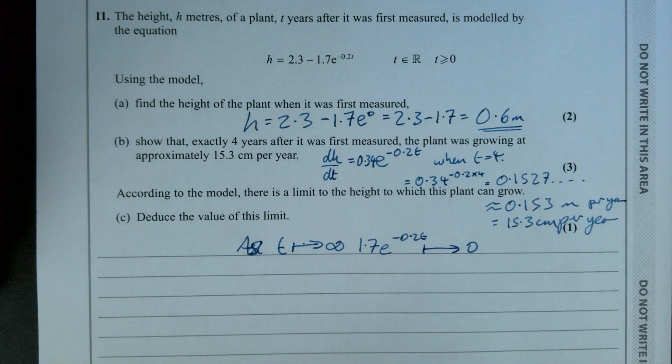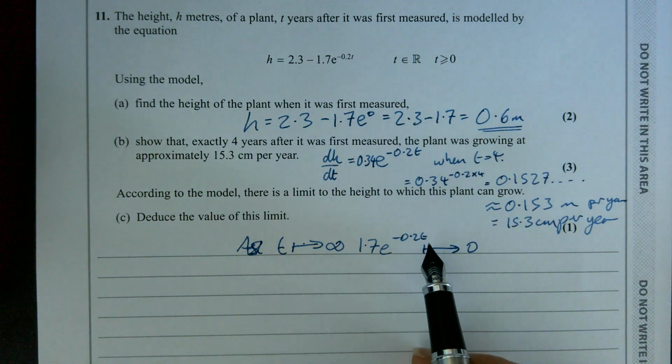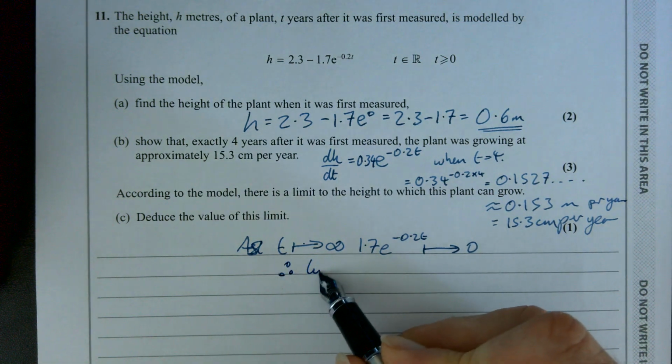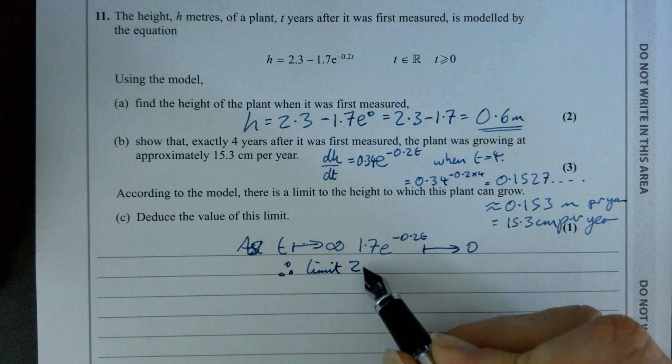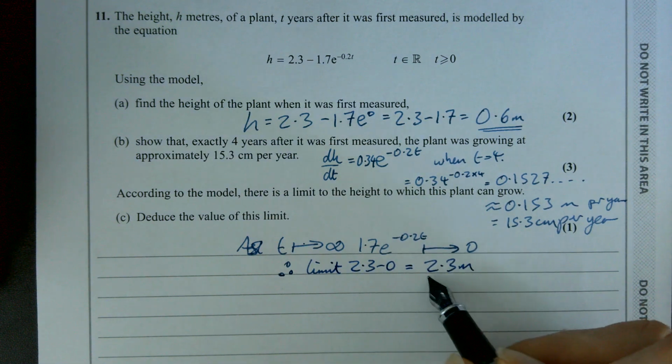And because we're dealing with a negative power, the bigger the negative power, the smaller that's going to make the number. So therefore, the limit is going to be 2.3 minus 0, which is 2.3 meters.